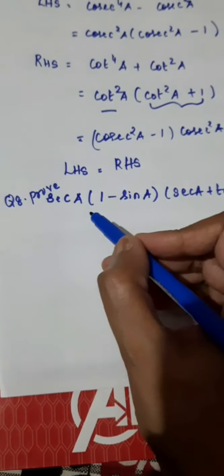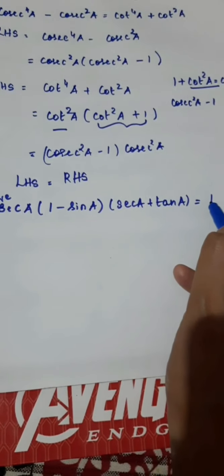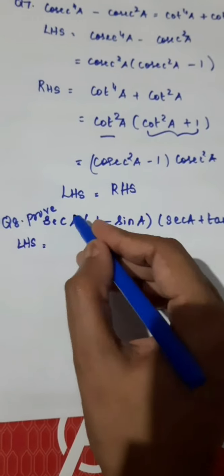Next, question 8 is secant A into 1 minus sin A into secant A plus tan A equal to 1. Let's take the LHS.